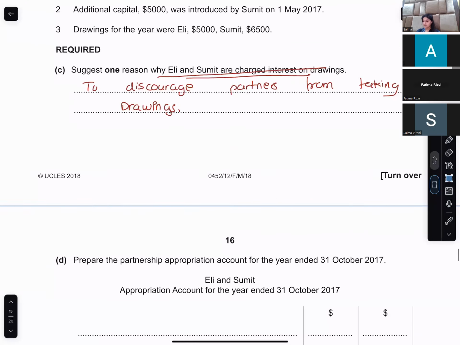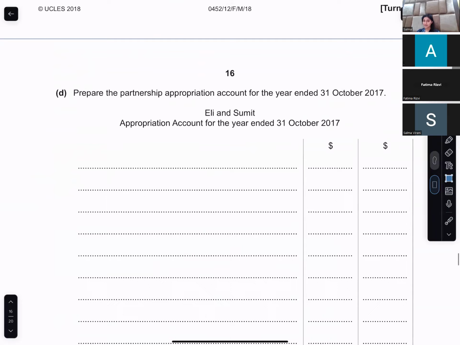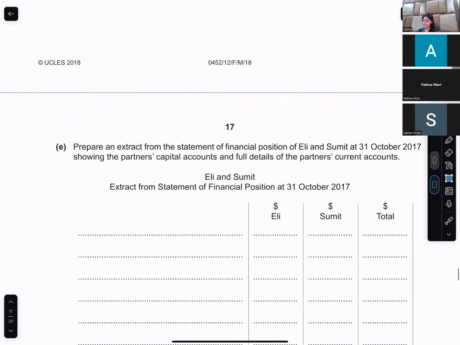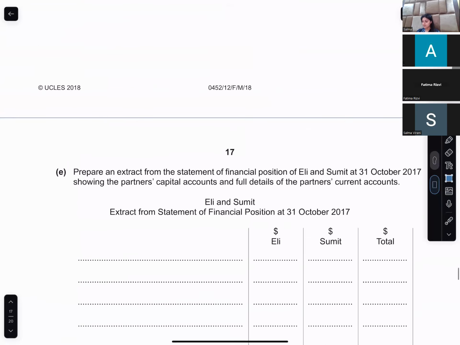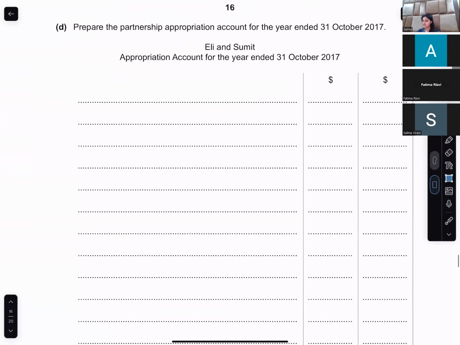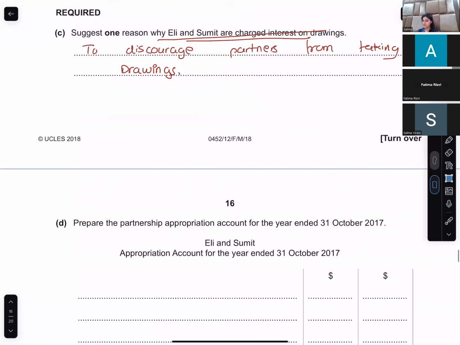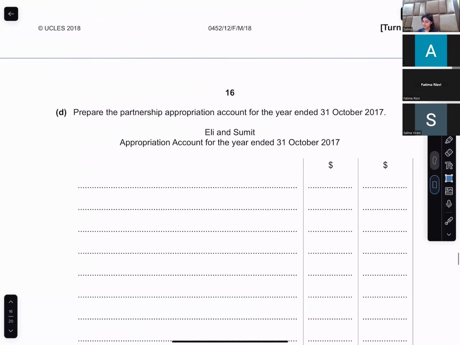Yes, miss. Now you have the profit and loss appropriation account that they have asked you to make, and they want you to make the extract of the statement of financial position. But remember, whenever they ask you to make an extract of the statement of financial position, what is one more thing that you have to make as a working note? The current account.